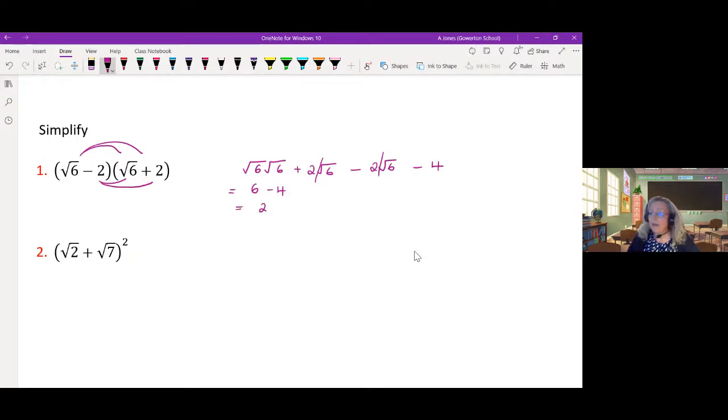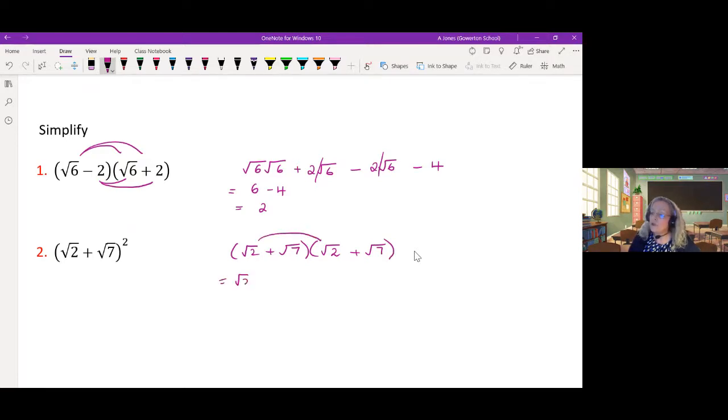2. And then the second one, I am going to start by writing it out as root 2 plus root 7. And then again, I'm going to write the bracket out as being root 2 plus root 7, so I don't make mistakes.